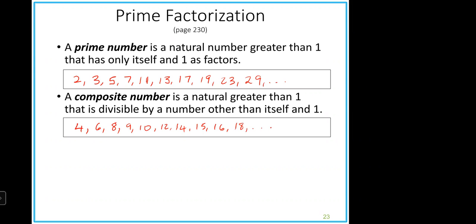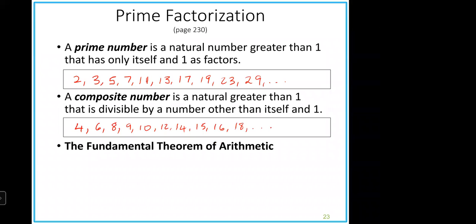So any number that's not prime is composite, but we're not counting 1. When we're looking at the set of natural numbers, if you don't include 1, the number is either prime or composite. So the ones that are not prime are composite, and the ones that are not composite are prime.